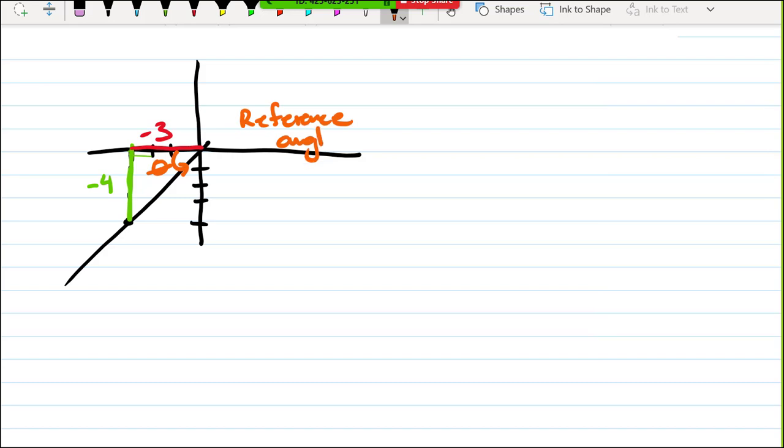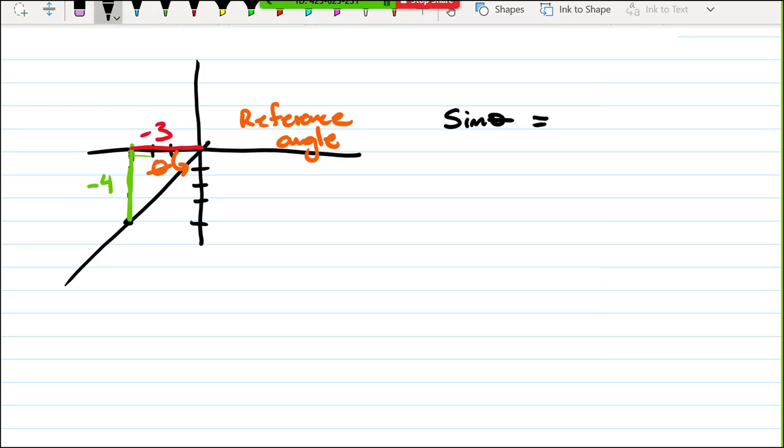Remember, the reference angle is always an acute angle as measured from the positive x-axis. Now if we want to calculate the sine of theta, we know by definition that sine theta is opposite over hypotenuse. We can't just use the y value this time because this is not on the unit circle.